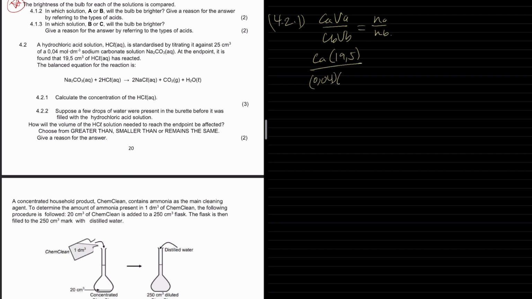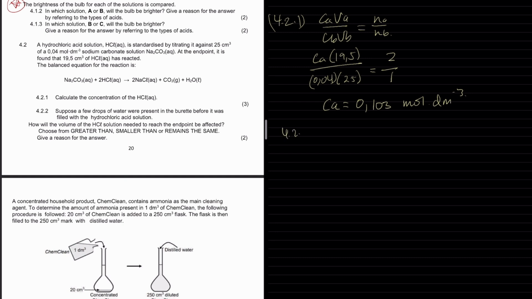The volume of the base that was used was 25. And Na over Nb is 2 to 1. So the concentration of my acid is going to be 0.103 moles per dm cubed.